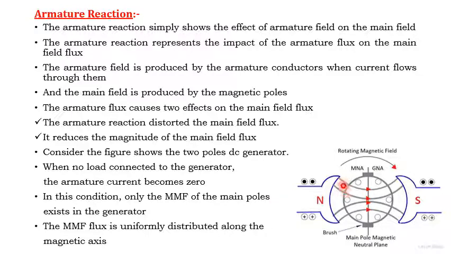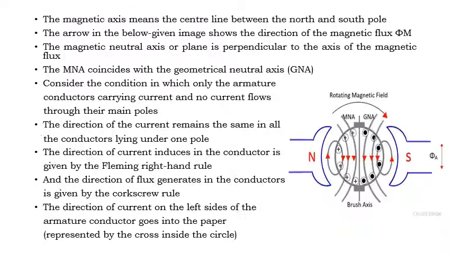Whatever MMF is produced by the magnetic poles or main poles is uniformly distributed along the magnetic axis. The magnetic axis means the center line between the north and south poles.